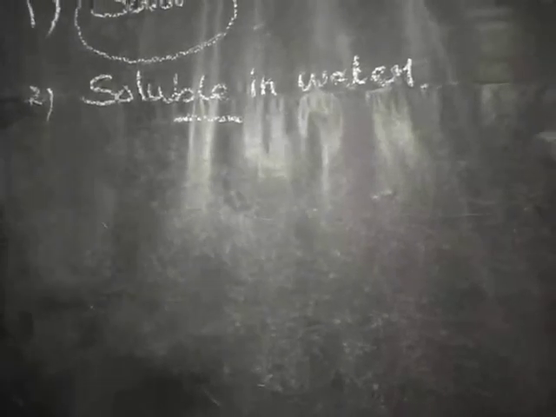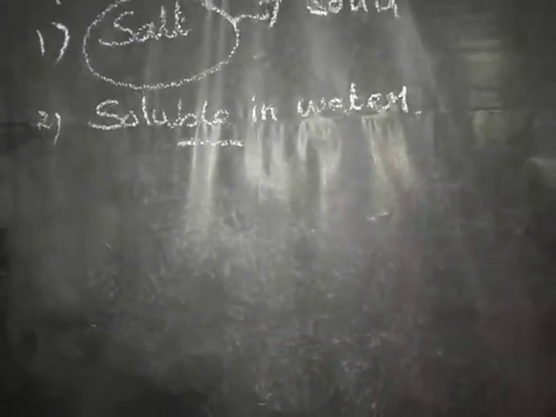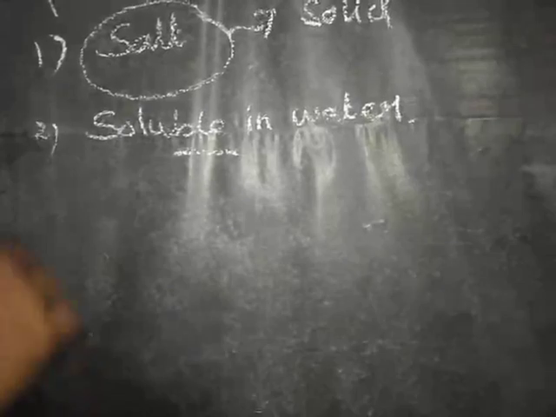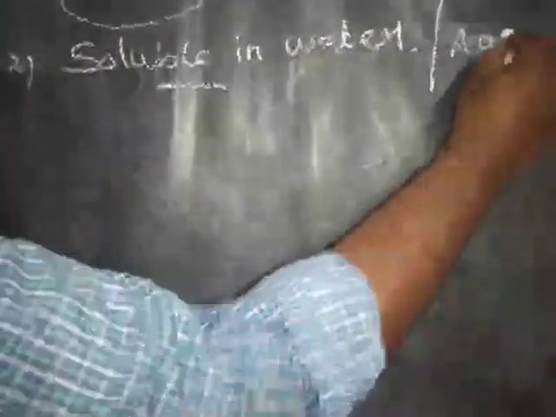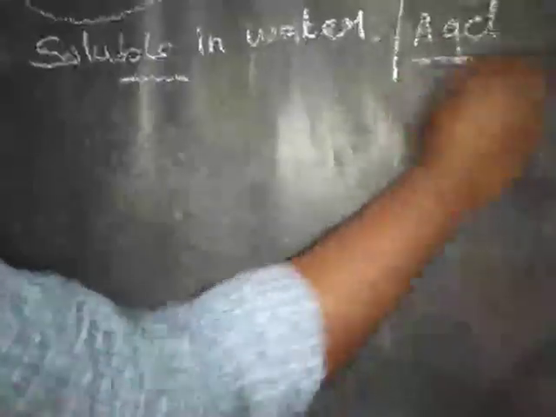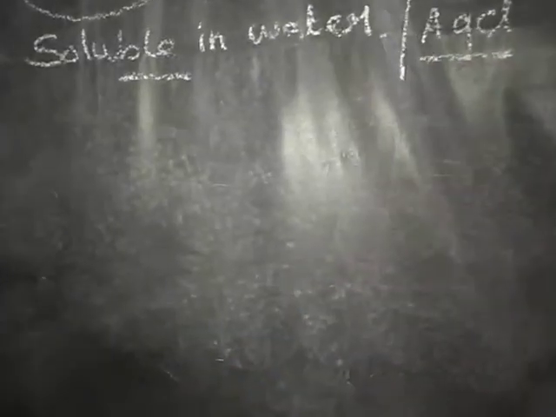Some of the chloride salts are soluble in water, but silver chloride, AgCl, is insoluble in water.